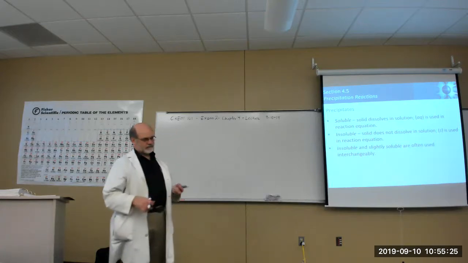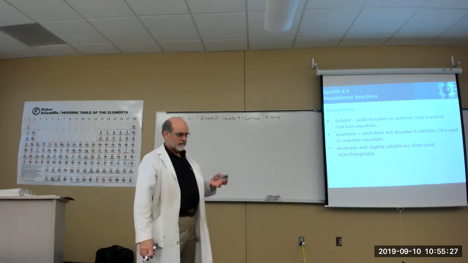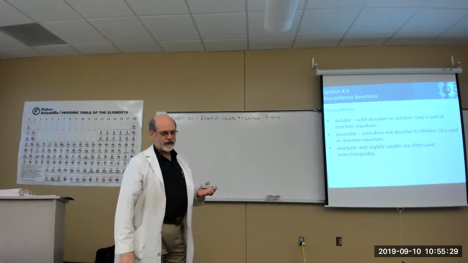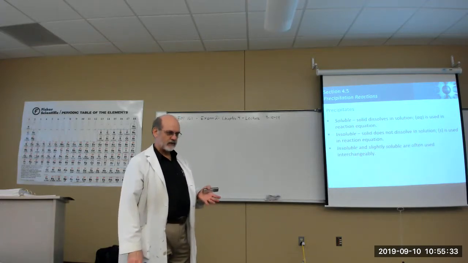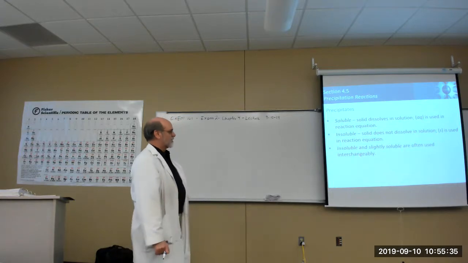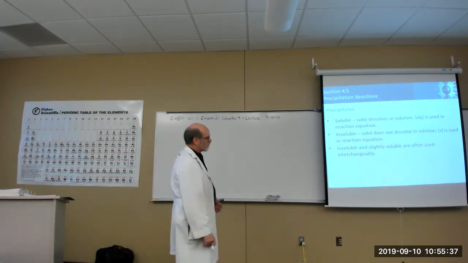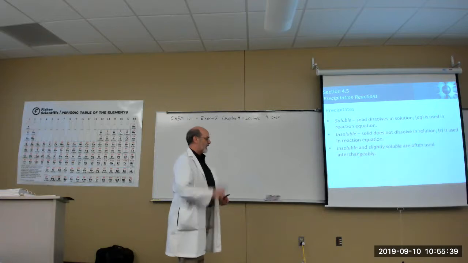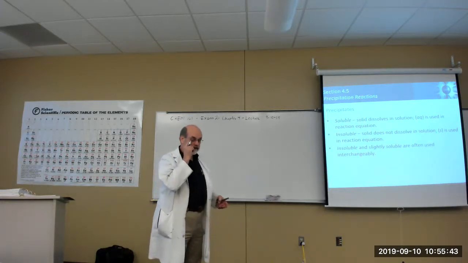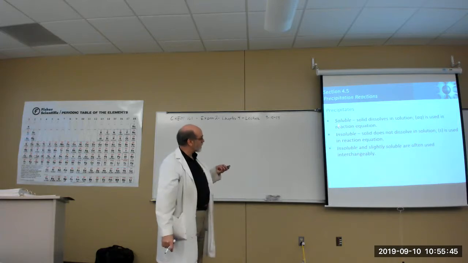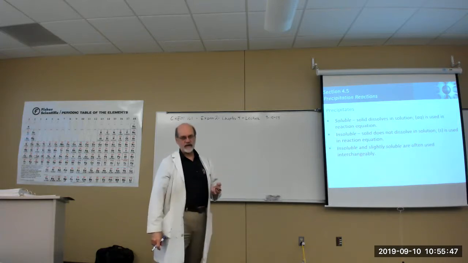Now, the truth be known, most insoluble substances are really slightly soluble. So this is a general division. And it's useful because most of the insoluble substance is going to be the solid.